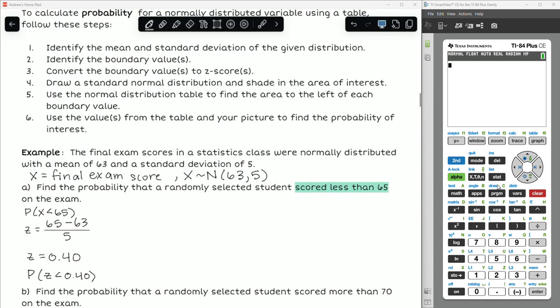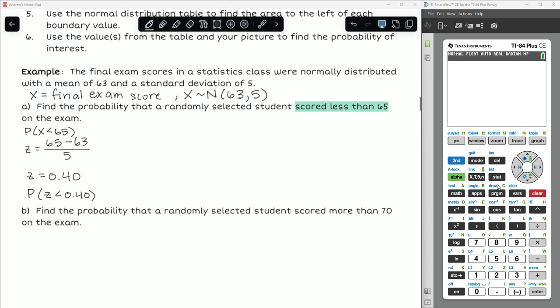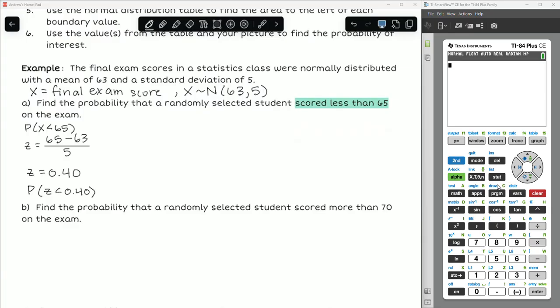Next, I'm going to draw the standard normal distribution and shade in the area of interest. I know that my normal distribution is a symmetric bell-shaped curve, something like that. Because we're doing the standard normal, this axis represents z-scores, and for z-scores, the mean of the distribution is 0.